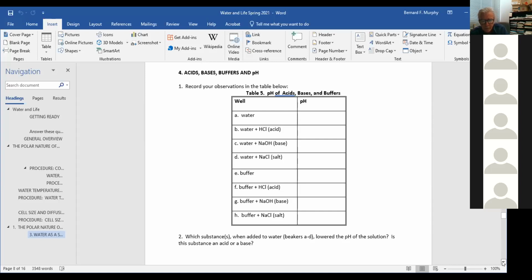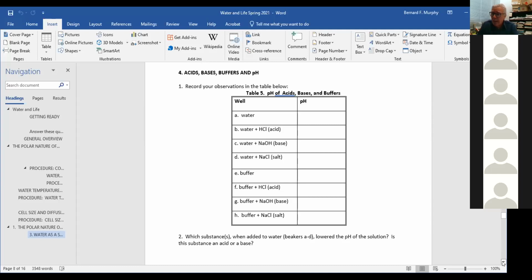All right. Water, you put salt in the water. What happens to the pH? Nothing. Why? Salt doesn't have any hydrogen ions or hydroxyl ions. That's exactly it.